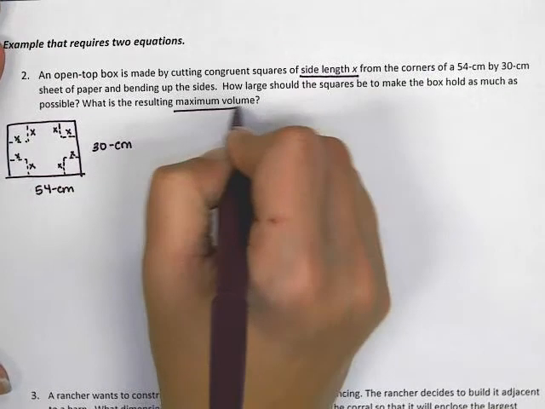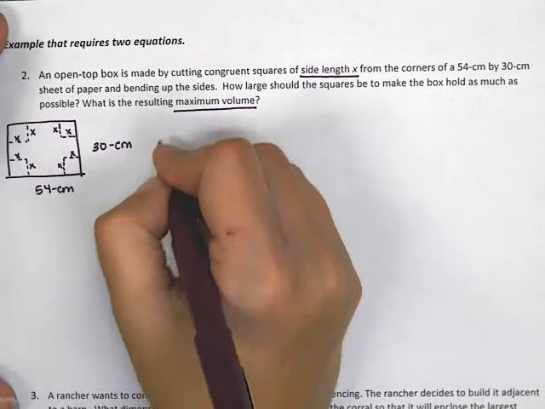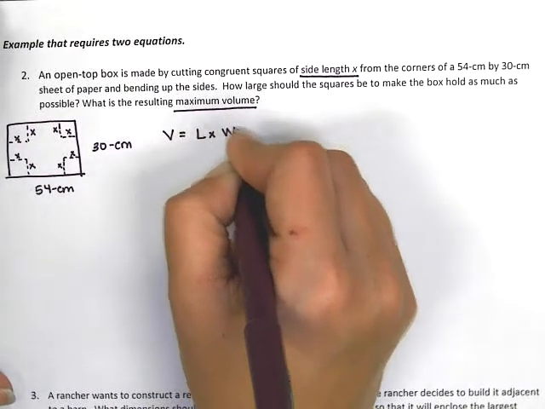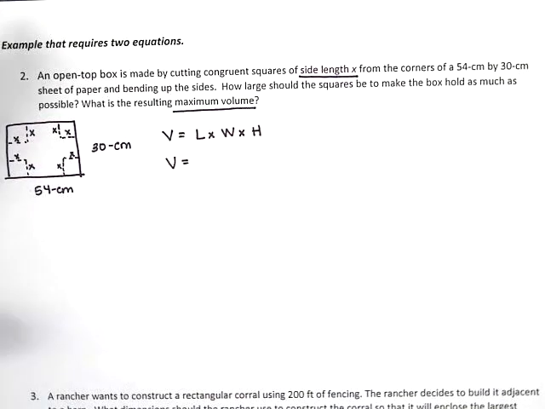So if I want to maximize the volume, I'm going to go ahead and write a formula for volume. So the volume of a box is length times width times height. But we're going to need to use a different setup because we've got 3 variables here and we want to only have 1 variable.